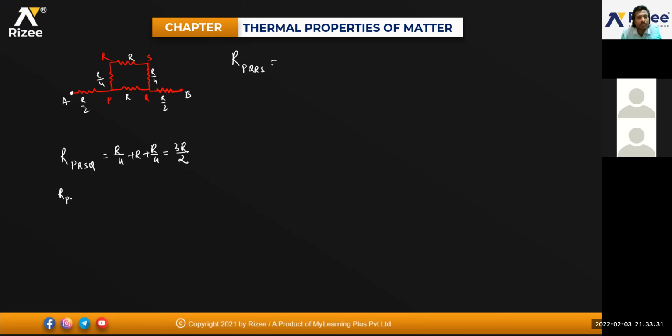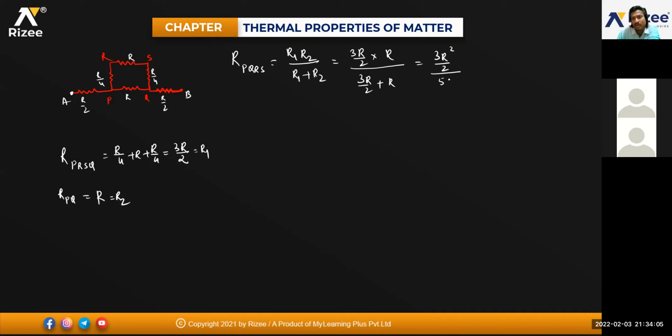Then resistance across your P and Q is how much? These two are in parallel, so I am taking this one as your R1, and this one as your R2. So this one is R1 into R2 divided by R1 plus R2. R1 is 3R by 2 into, this one is your R, divided by 3R by 2 plus this one is your R. So this one is 3R square by 2 divided by 3R by 2 plus R, that will be equal to 5R by 2, isn't it?